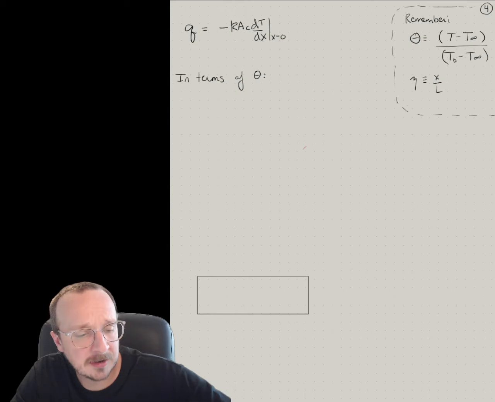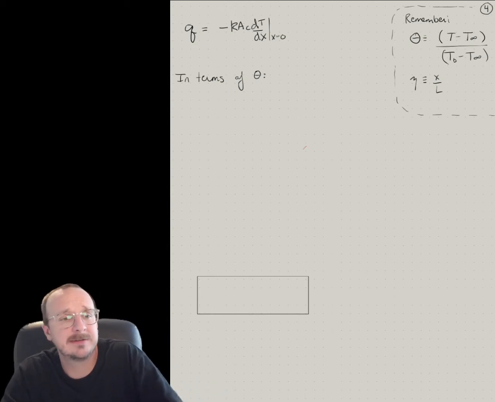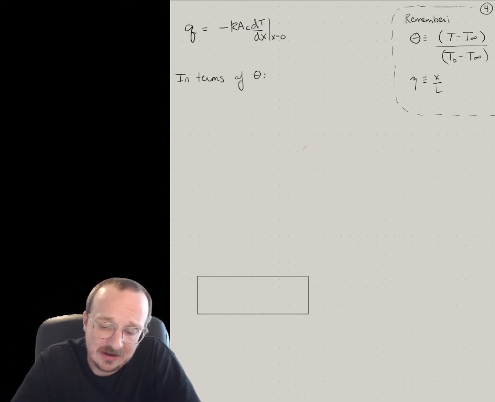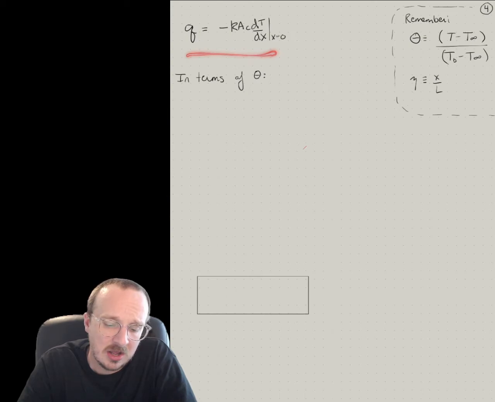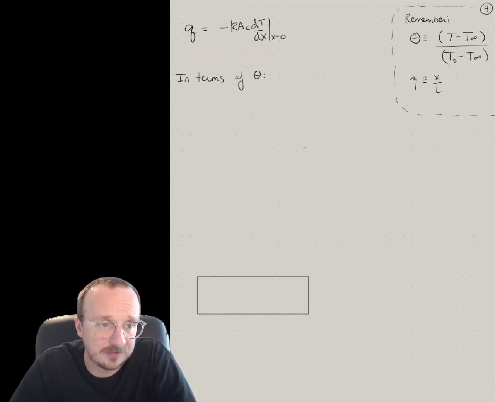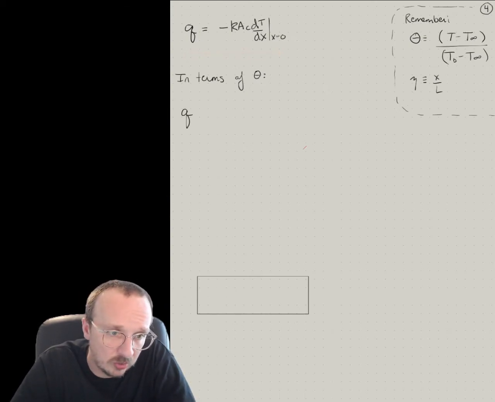So if we take this heat transfer rate and look at it at the base of the fin to make the math easier, this is our expression. It's just conduction, and let's look at it in terms of theta. So Q equals minus kA.